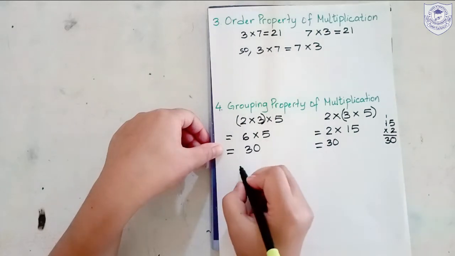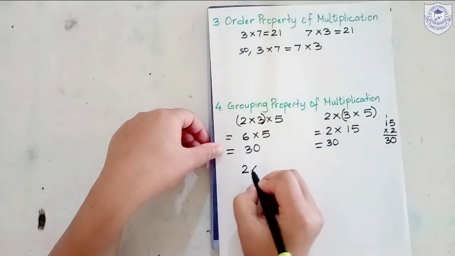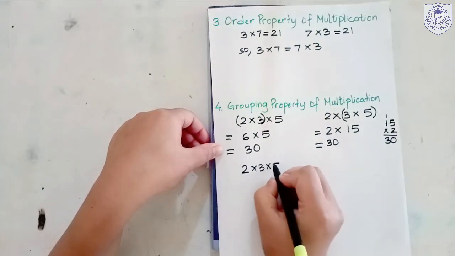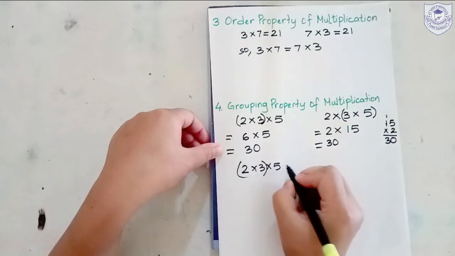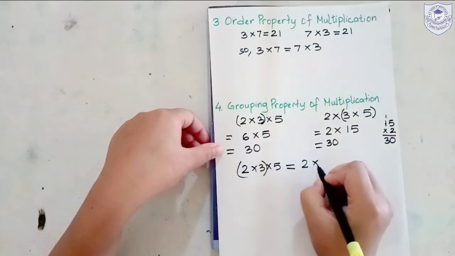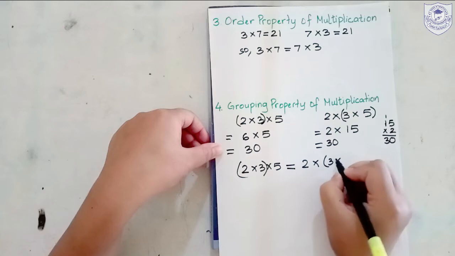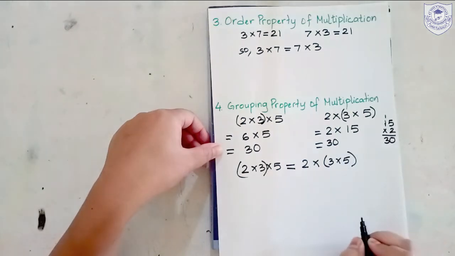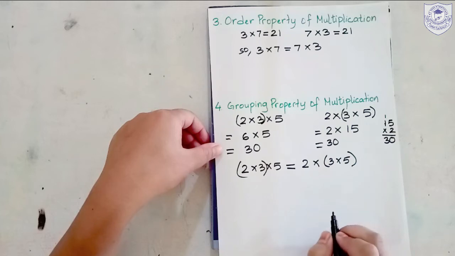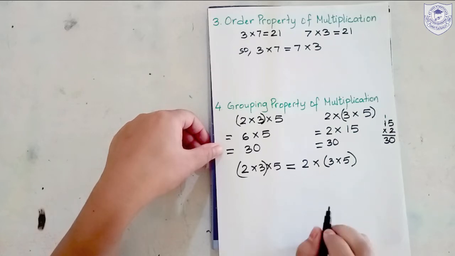Okay, this shows that (2 into 3) into 5 is equal to 2 into (3 into 5). No matter how they are grouped, unless the numbers are changed, the products will always remain the same. Okay, these are the 4 properties of multiplication that you should remember always.